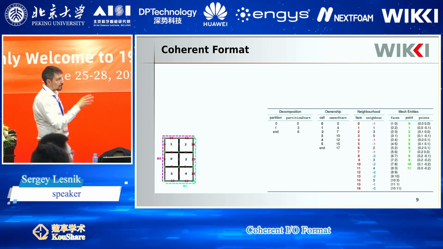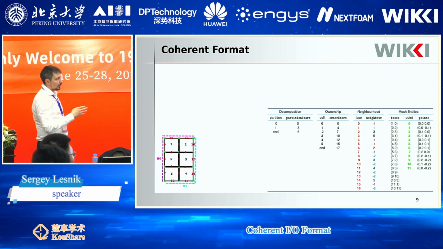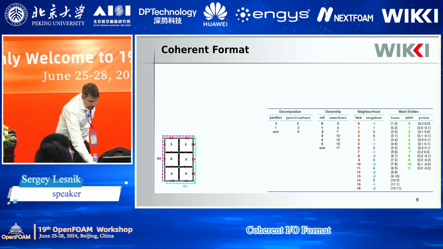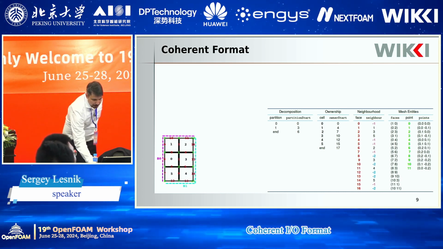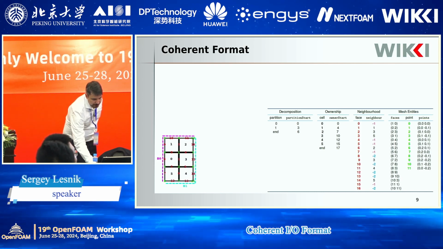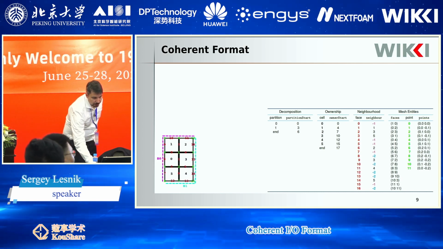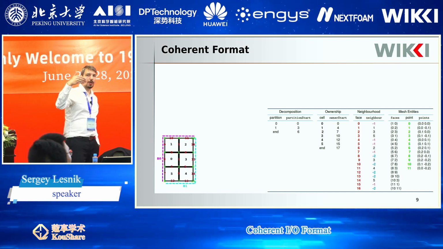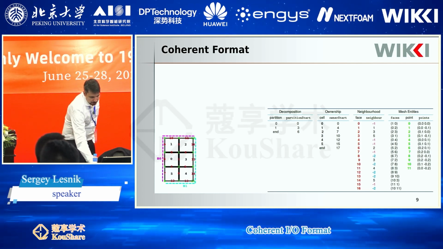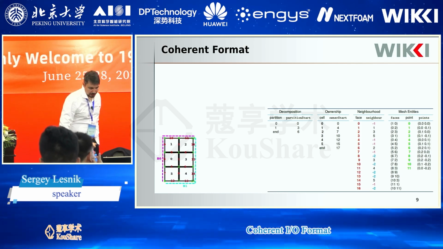So this owner start, or in other words, owner offset, means that for cell 0, the faces I own start at 0 and end at 4. So I own 0, 1, 2, 3, and 4, the faces numbered like this, and so on. For cell number 1, it's from 4. These are the faces 4, 5, 6, and 7.